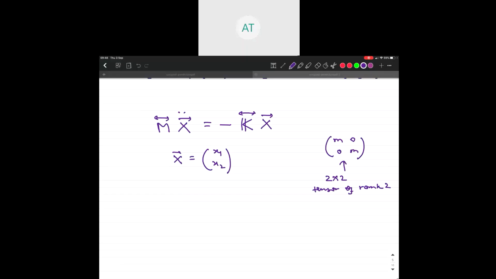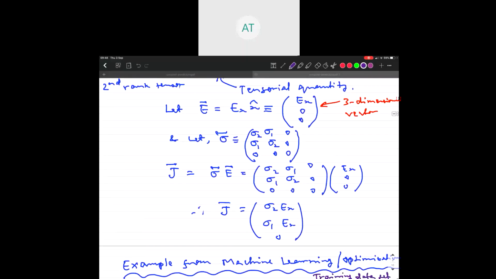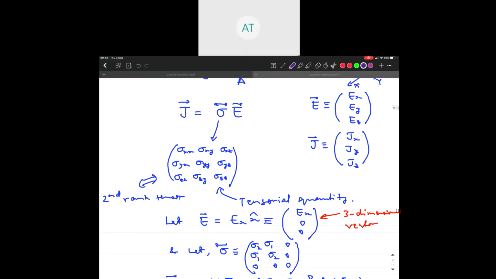Let me just for clarity say that this one is a 3 by 3 tensor of rank 2. Okay, so rank is basically, suppose we are requiring to represent these as frames, how many indices do we require to represent this quantity?